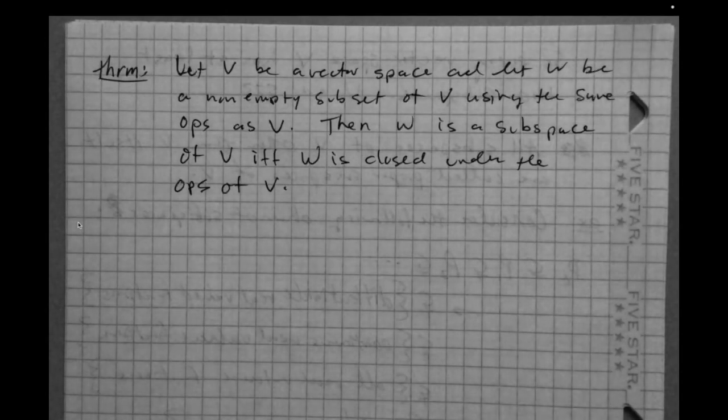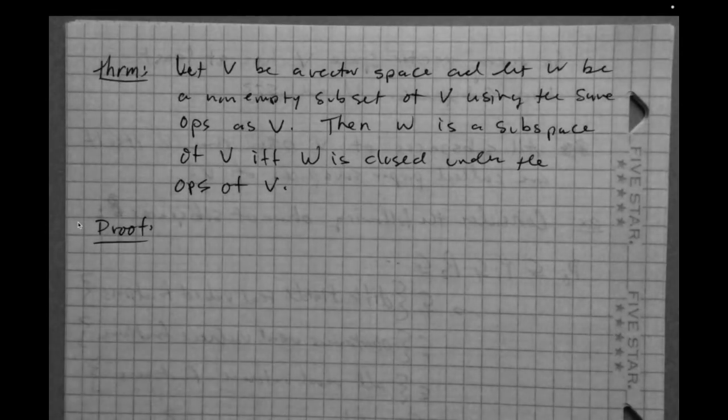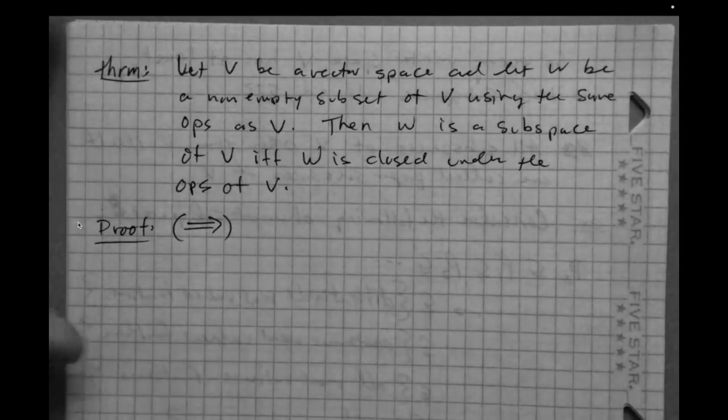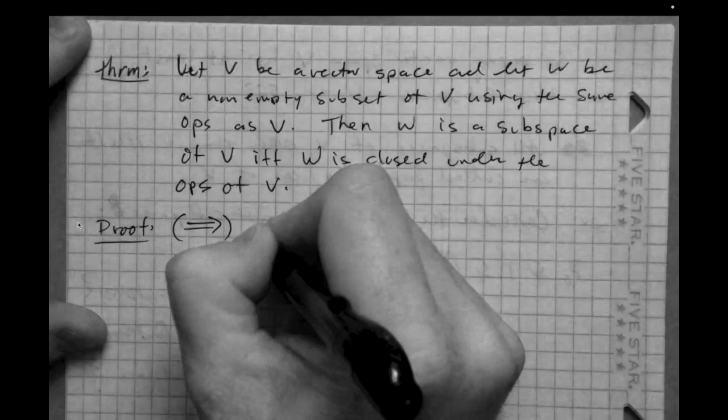Okay, so let's prove this. This is a nice proof. It's an if and only if, so we're going to start with one direction. We're going to start by assuming W is a subspace of V.